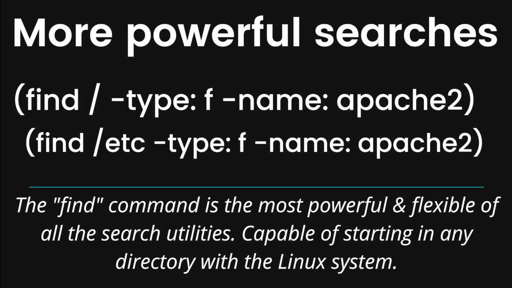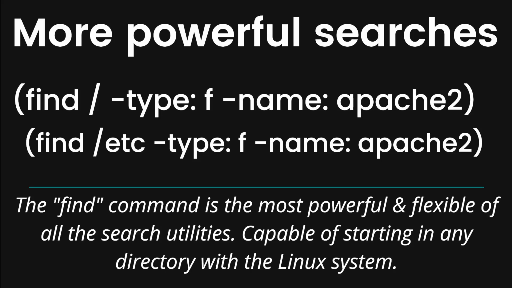Now we have the find command, which most researchers have referred to as the most powerful command for searching through the Linux file system. The find command gets a little bit complicated, because you have to add a few switches to it. For example, if you want to find something in the /etc folder, you write find /etc, and then -type.